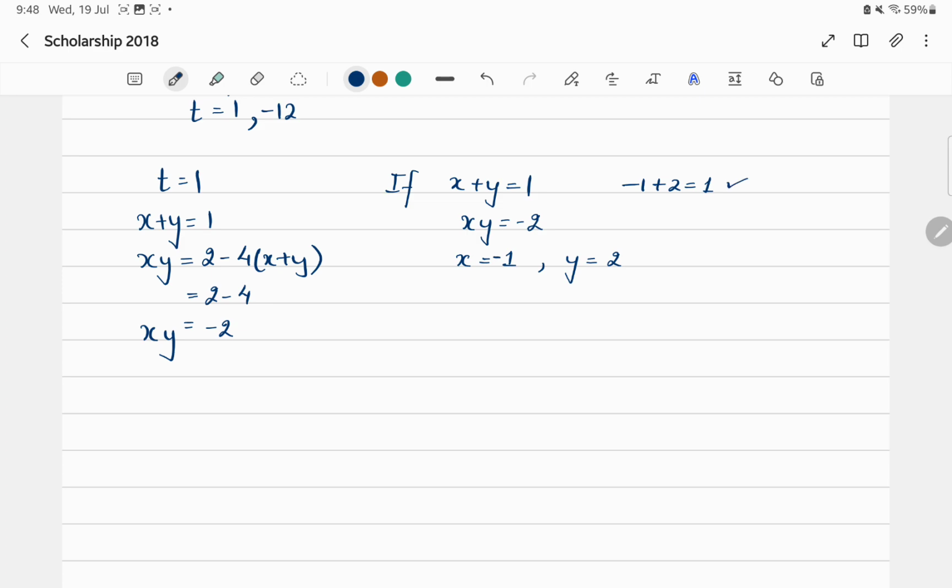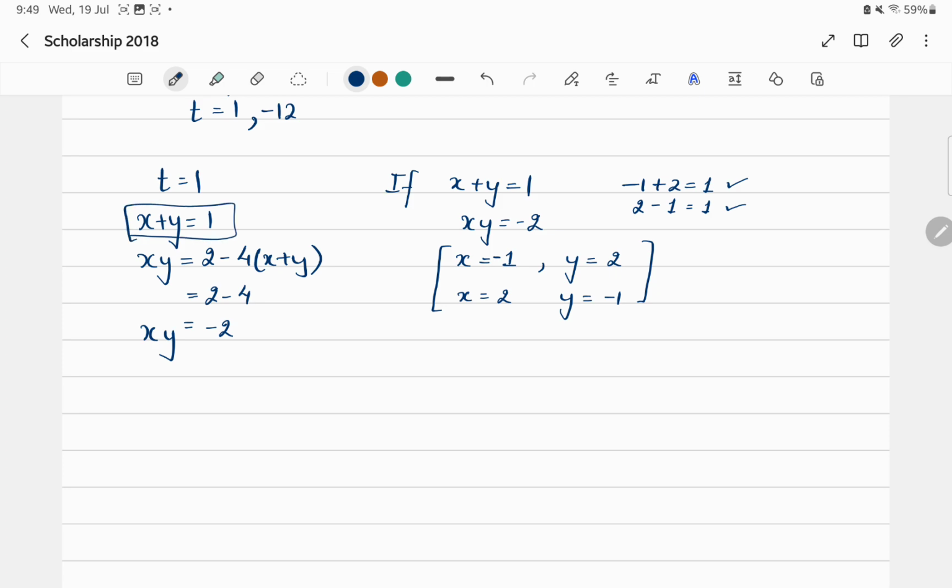That's correct. Or it could be x equals 2 and y equals minus 1. So 2 minus 1 is also 1.